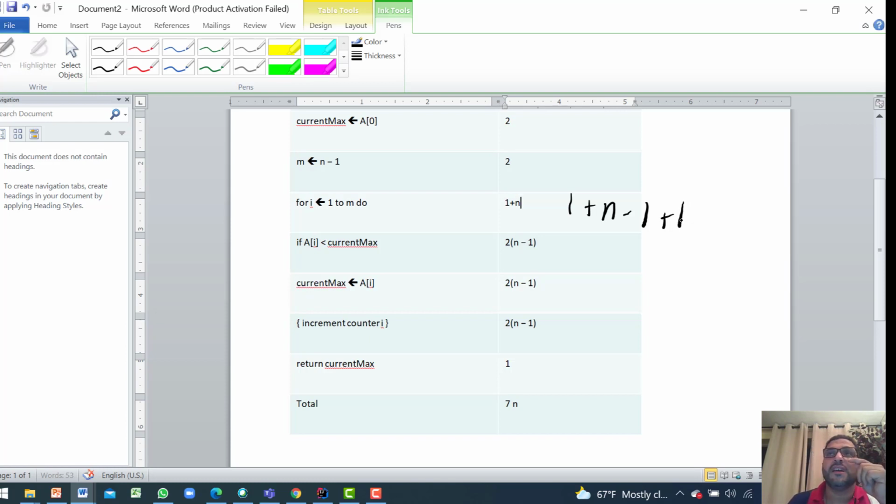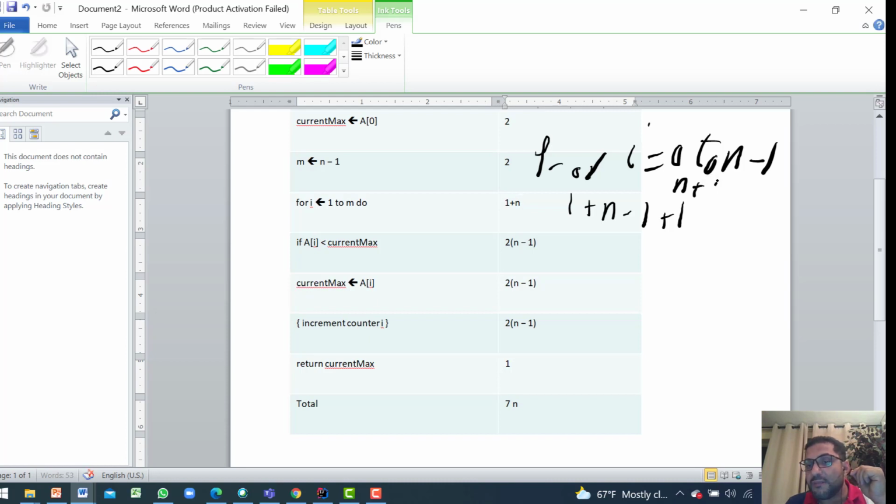which is the one that will get me out of the for loop. So basically for any loop, if I say for i equals 0 to n minus 1, I'm gonna do this n times to enter the loop, and one more time for the last check that will get me out of the loop. So the for loop basically is the boundaries plus 1, which is the one that is going to get me out of the loop.